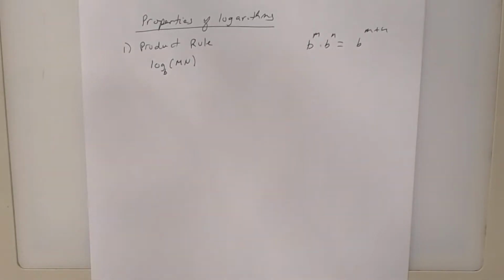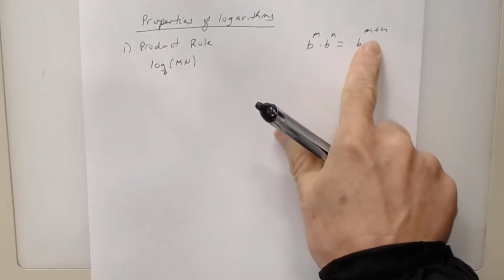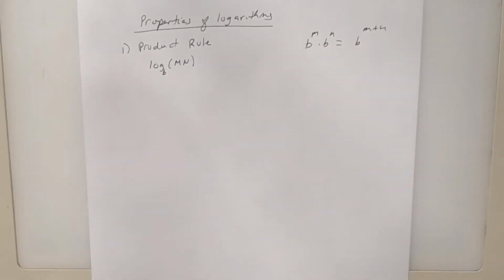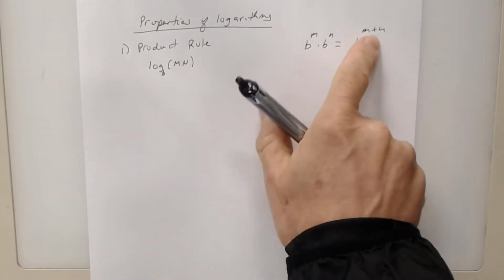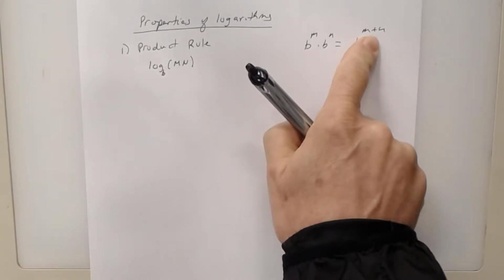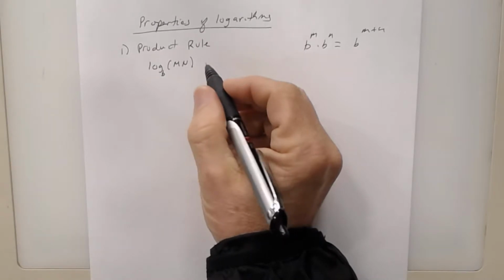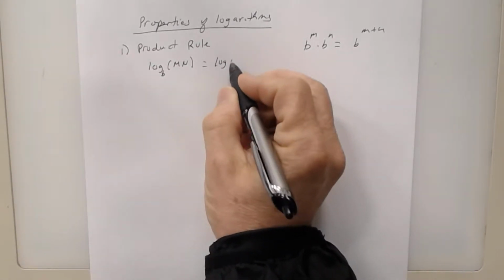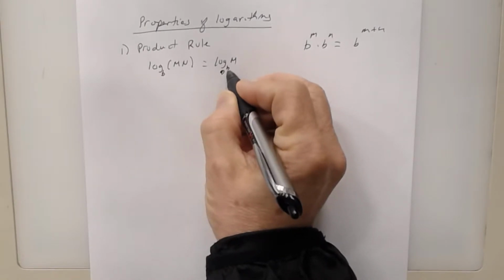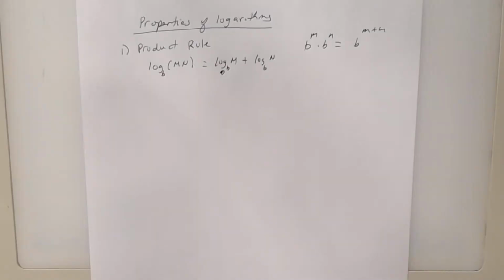So the log of a product, remember we said that logarithms are nothing more than exponents, so what am I doing to those exponents? Adding them. So the log of a product, I'm going to write as an addition problem. That's going to be the log of m base b plus the log of n base b.